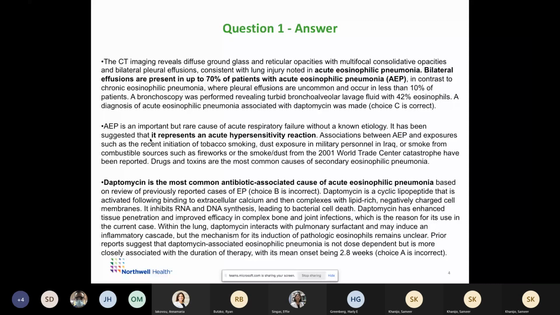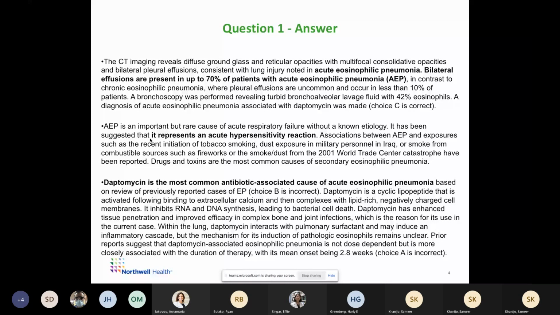Daptomycin is one we use a little bit more commonly, so one that seems to be tested a little bit more. But again, taking into account all the stuff that you know and all the things that you're going to learn in the lectures that are coming up, particularly with eosinophilic lung diseases here, you see bilateral effusions in up to 70% of patients with AEP. They may have also given you BAL data that showed an elevated eosinophil percent, which would differentiate it from chronic eosinophilic pneumonia.